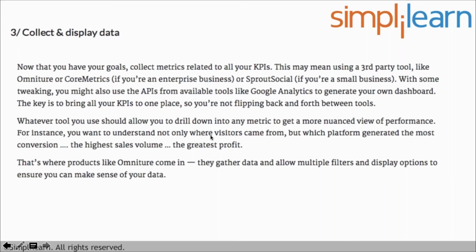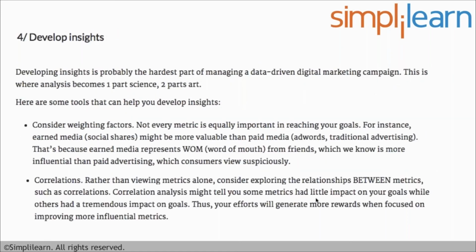Whatever tool you use, you should allow yourself as a marketer to drill down onto any metric to get a more specific view of the performance. For instance, you want to understand not only where the visitors really came from, but which platform generated the most conversions, right? We spoke about that and so forth.